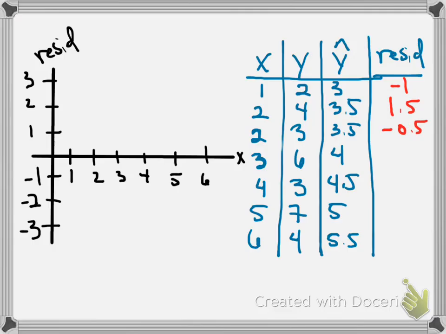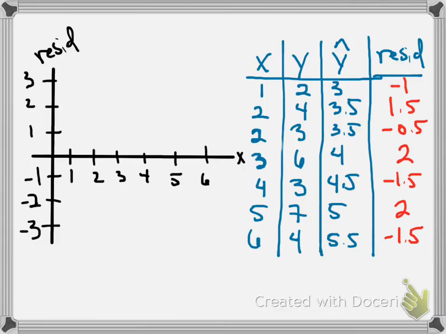For the fourth point, we've got a residual of 2. For the fifth point, we've got a residual of -1.5. For the next point, we've got a residual of 2. It looks like I can't count. We've actually got 7 points, not 6. But for this last 7th point, we've got a residual of -1.5 again.